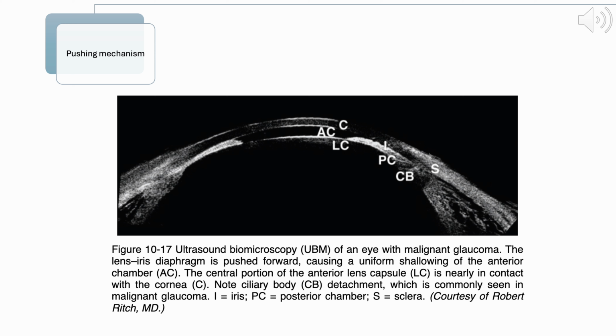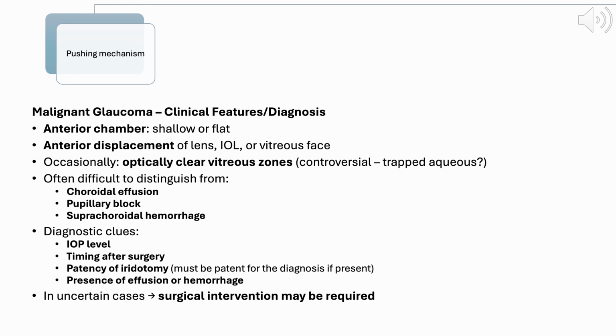Notice also the ciliary body detachment, a finding commonly associated with malignant glaucoma. Together, these structural changes reinforce the mechanism of aqueous misdirection and the unique clinical presentation of this rare but severe condition.